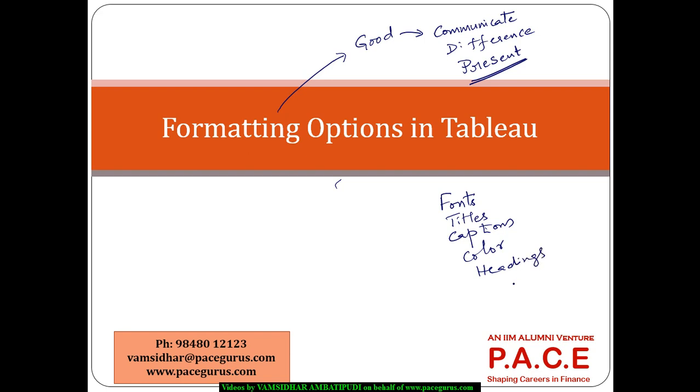Or probably we are looking at labels or shadings or annotations. So we can think of different kinds of mechanisms which come under this category of formatting. First of all, I need to understand why we need to format and what are the different kinds of formatting options that are available for us in Tableau.